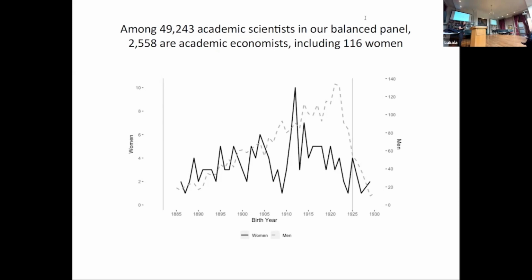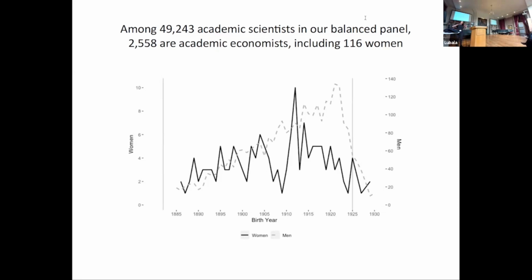But when we look at women, the same problems that motivate us to study economists and study underrepresentation also make it really hard to study underrepresentation, because we just have very few women. We just have 116 female economists. And then if you do the math and think, okay, how many of them are mothers, there are even fewer.